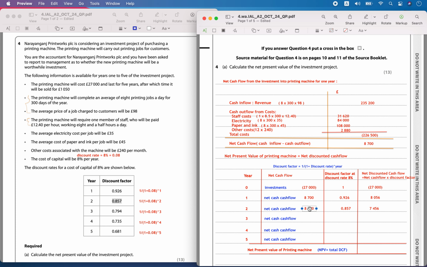Then next one is the third year, the net cash flow is going to be again 8,700.